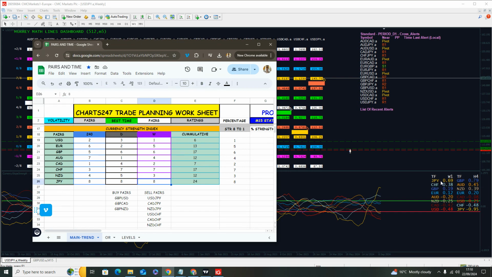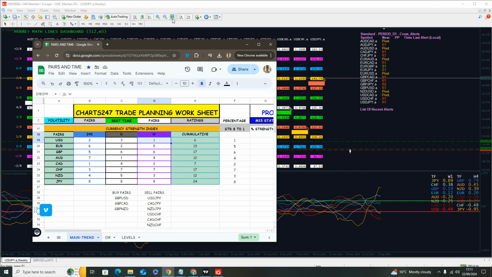The Japanese yen is still 8, Swiss is 7, the pound is 6, the euro is 5. That hasn't changed. The Australian dollar is 4, the New Zealand dollar is 3, the CAD is 2 and the US dollar is 1. So nothing has changed from the weekly analysis we did last week.